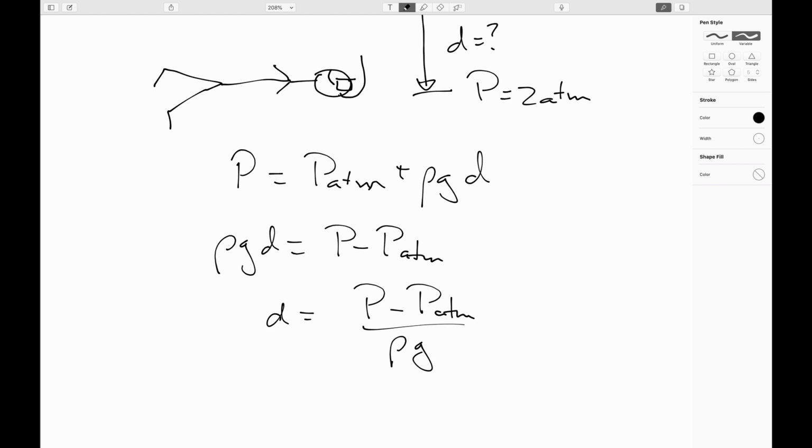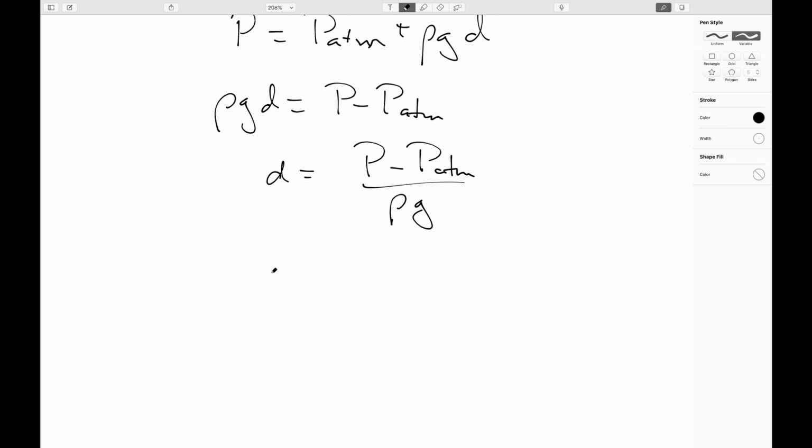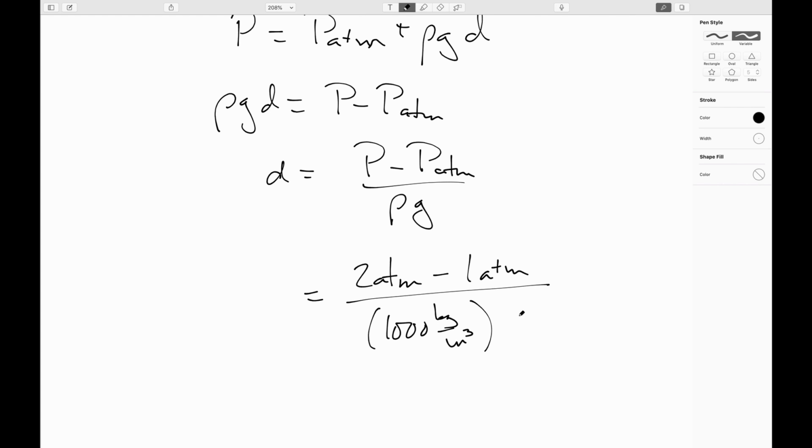Now when you do this, you need to be a little careful, because you need to make sure you've got compatible units. So here, don't just go and say 2 atm minus 1 atm and call it a day. When you put in your density, you've got 1,000 kilograms per cubic meter and a gravitational field strength of 9.8 newtons per kilogram.